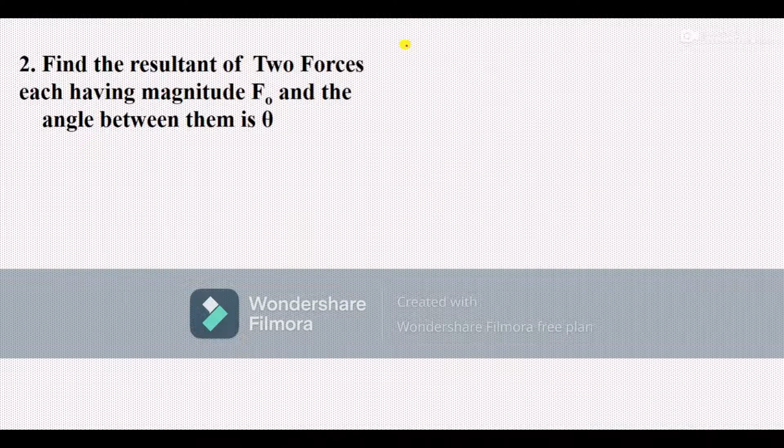First we understand the question: when there are two forces of equal magnitude F naught acting on a body, find the resultant of the two forces. So we are given two forces F1 and F2, both equal to F naught.